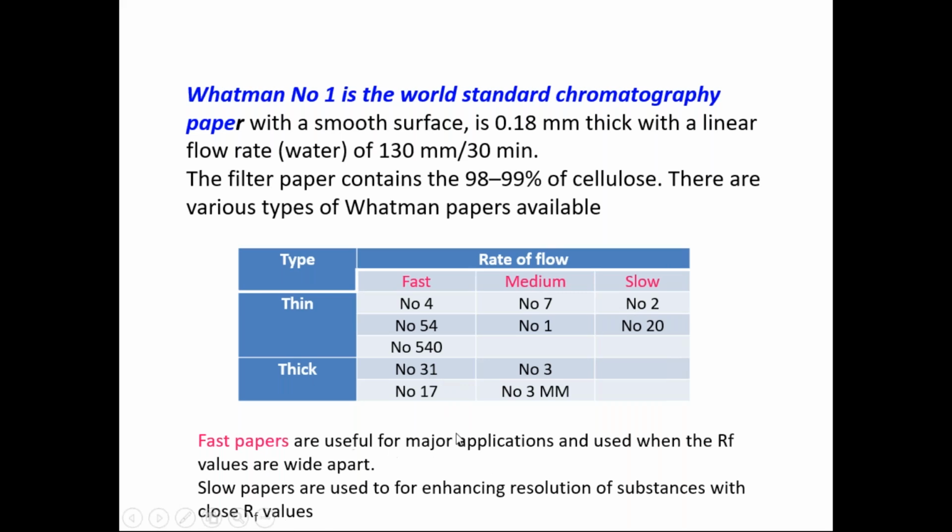The fast papers are very useful for all the major applications and used when RF values are very wide apart. The slow papers are used for enhancing resolution, especially when two analytes move very close to each other or they have very close retention factor, that is the RF value.